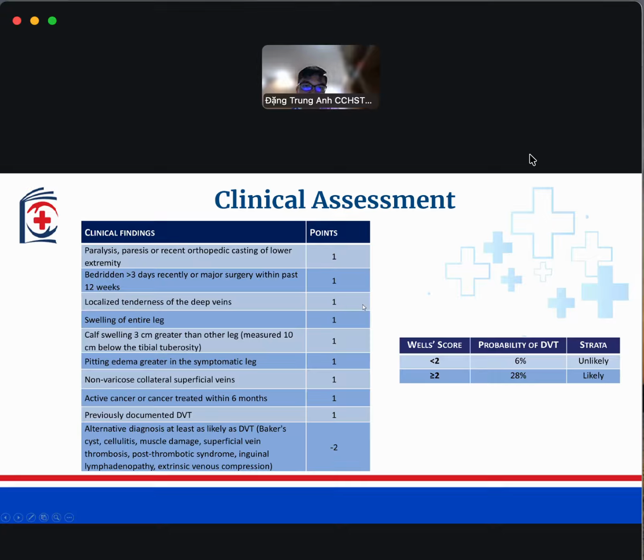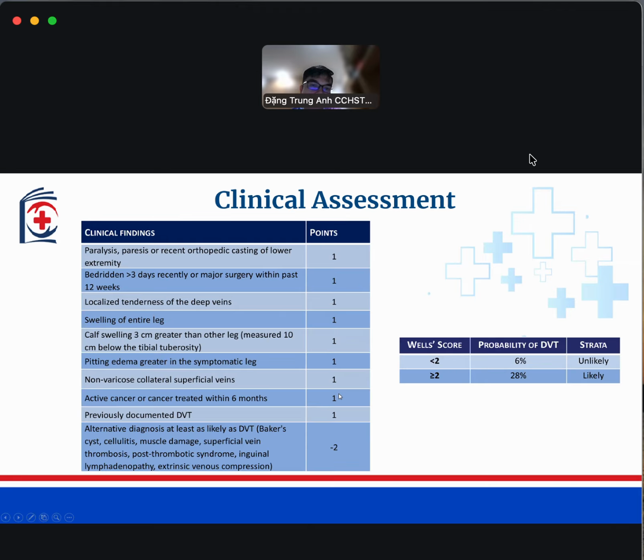It has 10 components; for each of the first 9 components we give the patient 1 point, and the last we minus 2 points. If the patient has above 2 points, the patient has a probability of DVT of 28%. We have to do the ultrasound and the D-dimer test to confirm whether the patient has DVT or not.